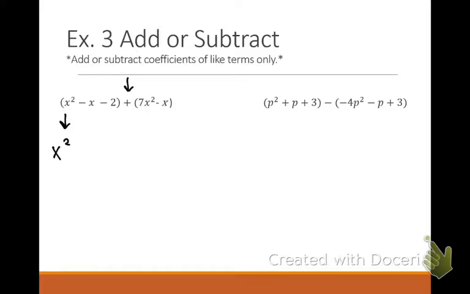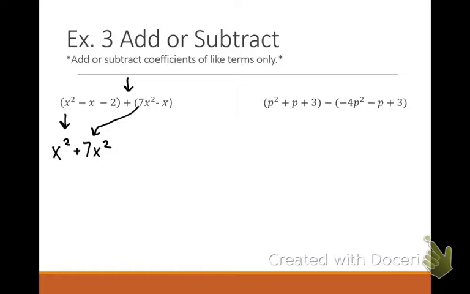X squared. Do you see any other terms in this expression, the whole thing, that also have an x squared exponent? Do you see the 7x squared? So you're going to bring that one down and write it next to its like term.